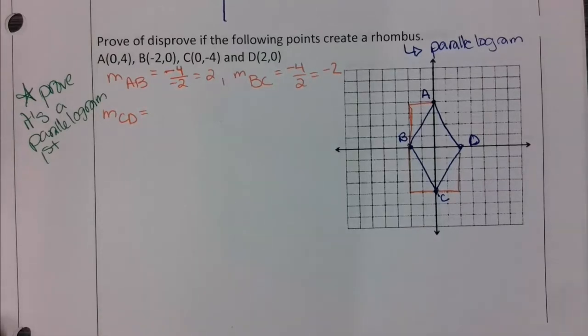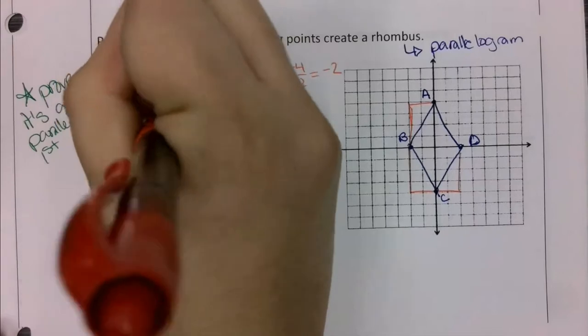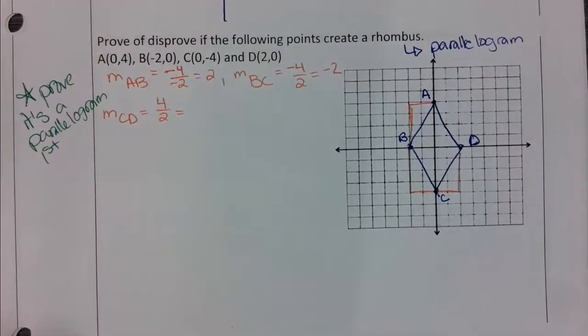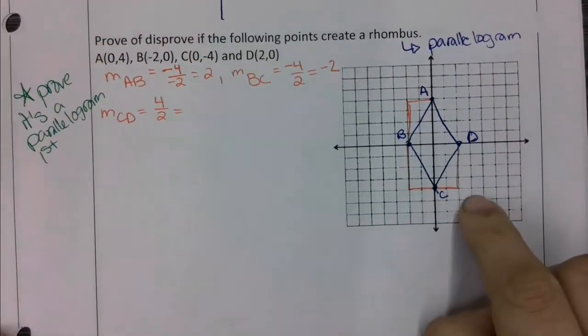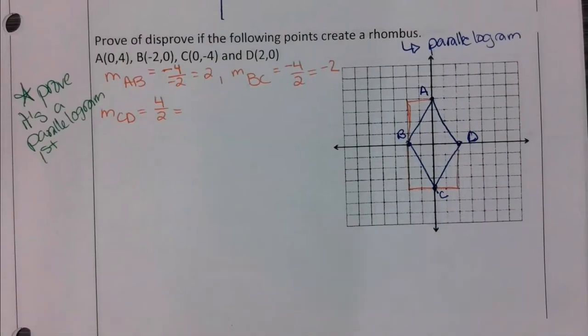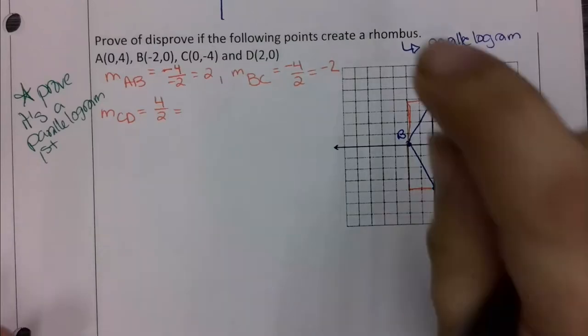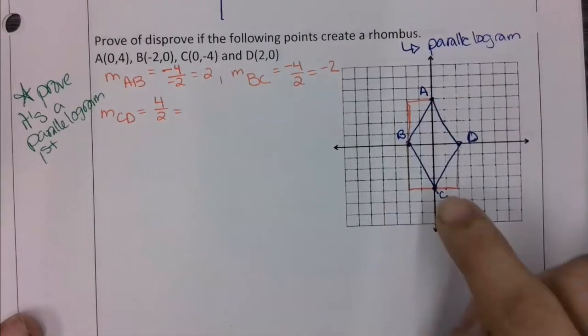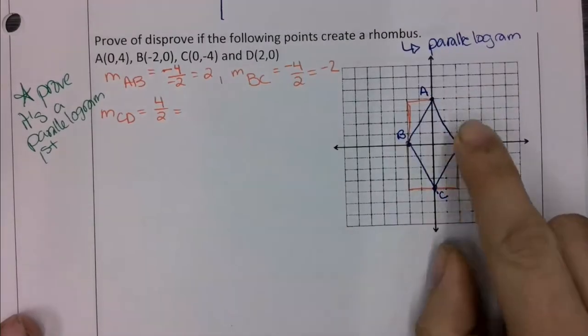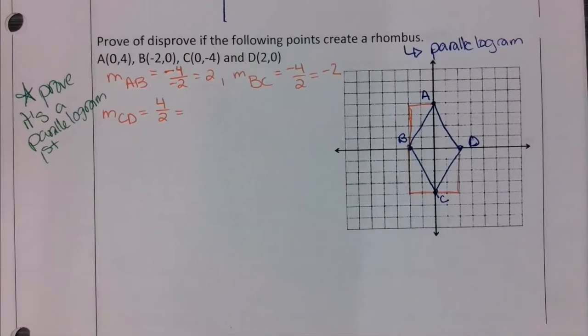It's actually positive 4 over positive 2, because I'm going up 4 over 2 from C to D. Because I went from A to B, so I went left to right. I'm going from C to D, so I'm going, yeah. It's just the order of the letters.